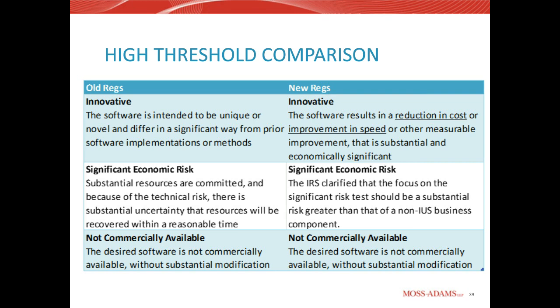The changes in the new regs with the innovation part specifically point to whether or not the software results in some reduction in cost or improvement in speed or other measurable improvement that is substantial and economically significant.